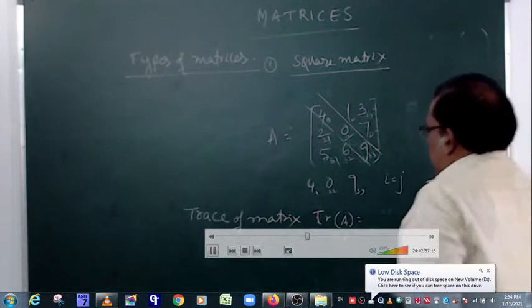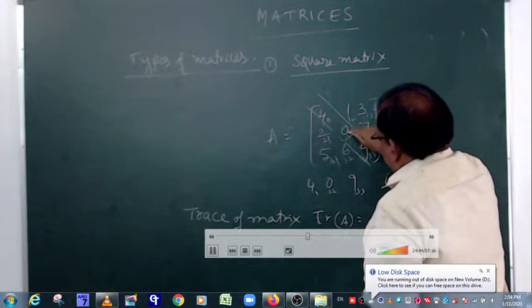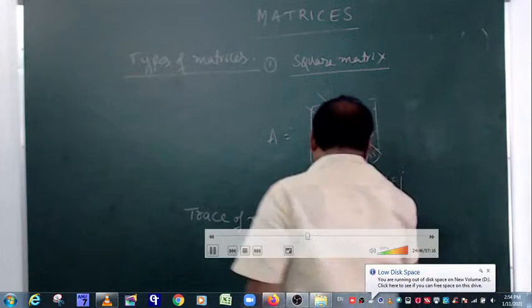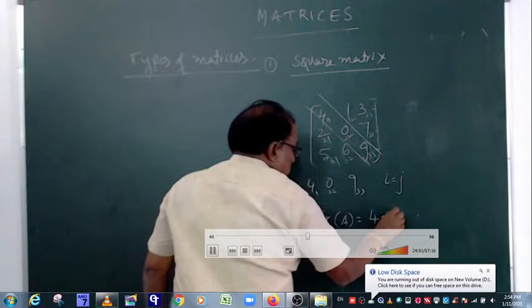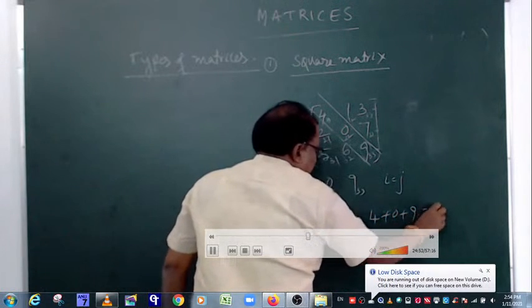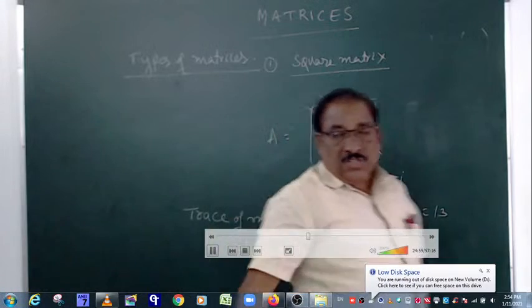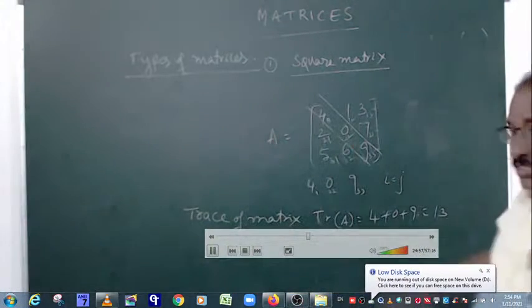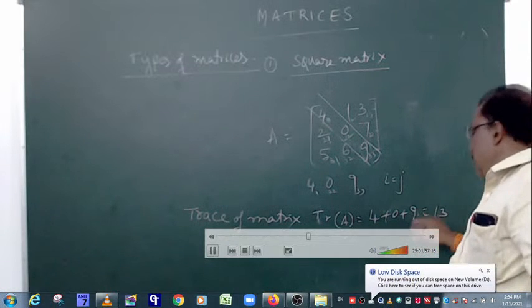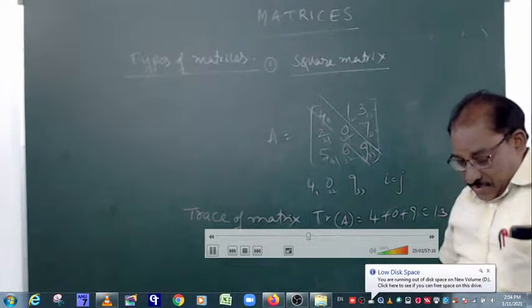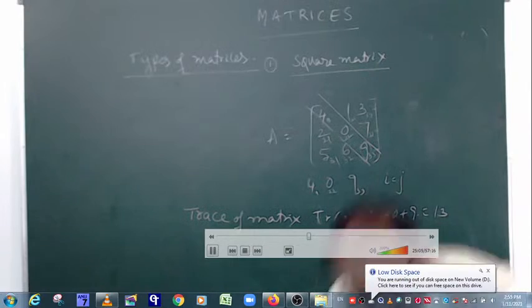What are the elements in the principal diagonal? 4, 0, 9. So the trace of A is 4 plus 0 plus 9 is equal to 13. So the trace of the given matrix is 13.